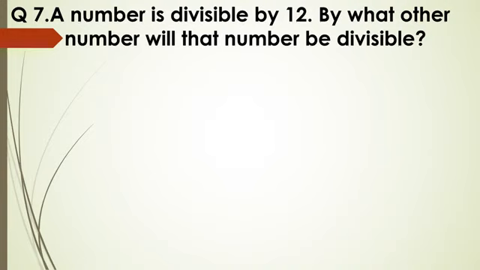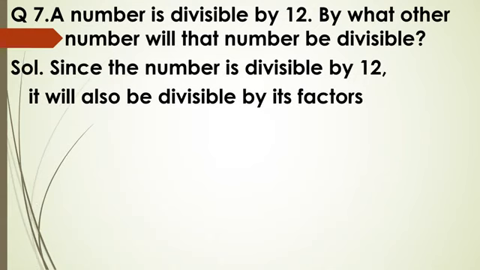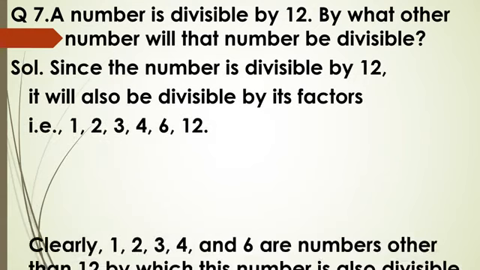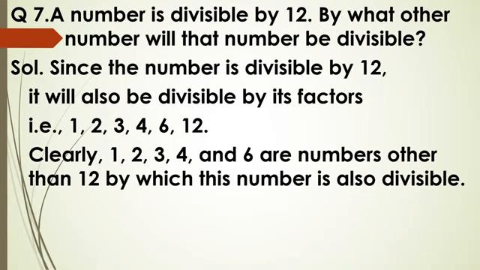Since the number is divisible by 12, it will also be divisible by all its factors, that is 1, 2, 3, 4, 6 and 12. So clearly 1, 2, 3, 4 and 6 are numbers other than 12 by which this number is also divisible.